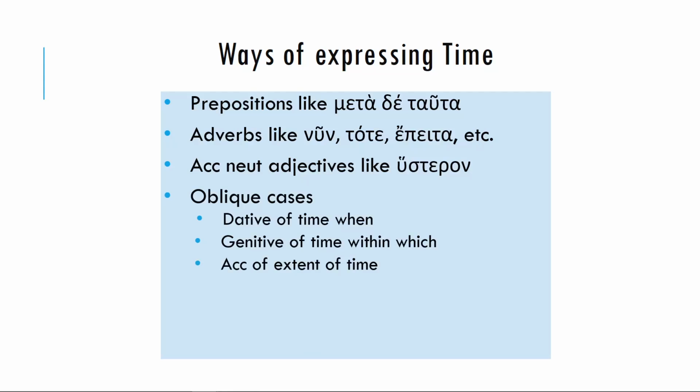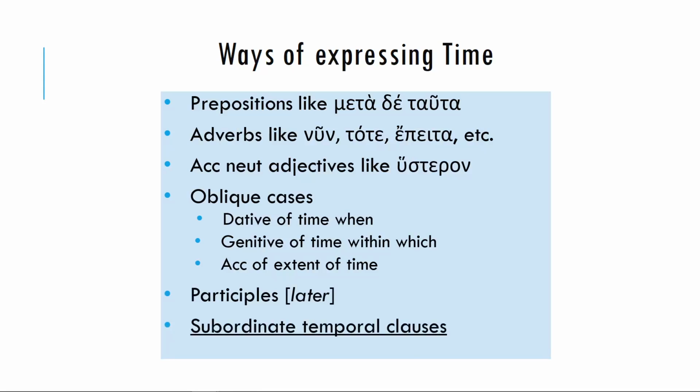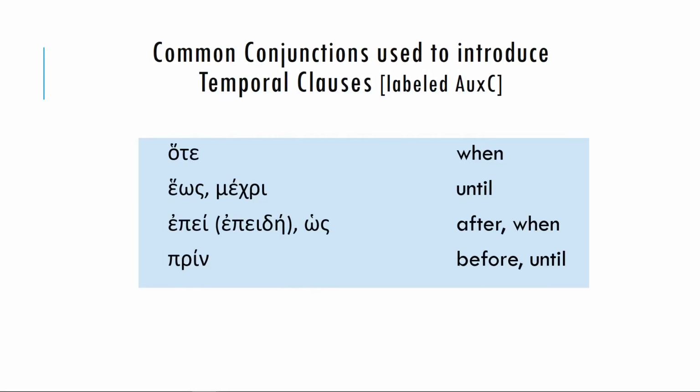Another way of expressing time we're going to explore later is using a participle. But today we're going to talk about subordinate temporal clauses. Now, all subordinate clauses are introduced by subordinating conjunctions. So these are all subordinating conjunctions: hote, heos, mechri, epei, epeidē, hōs, and prin. These all introduce temporal clauses.